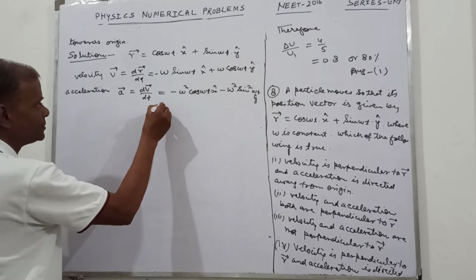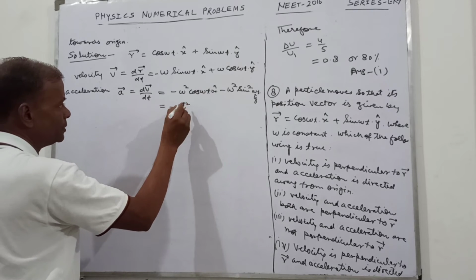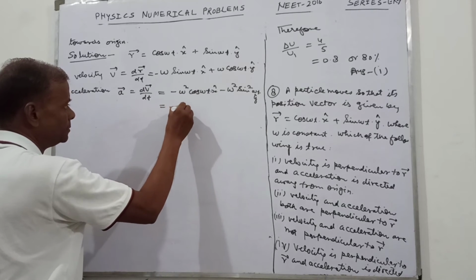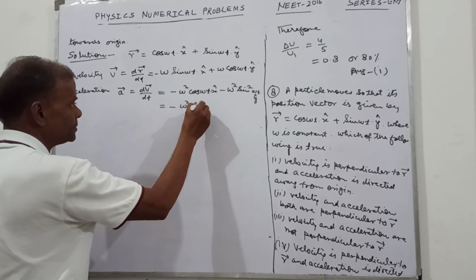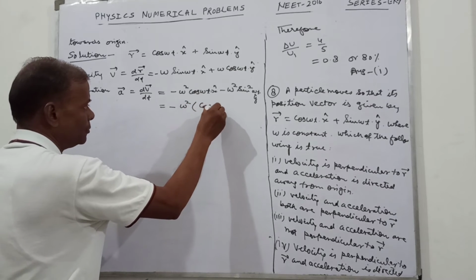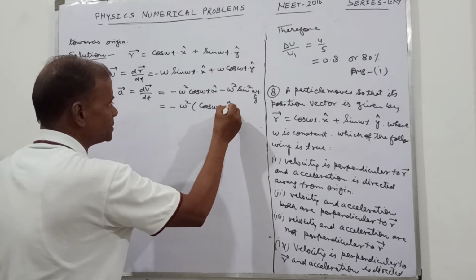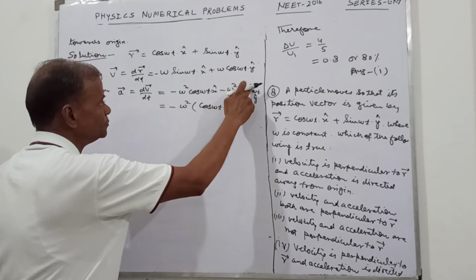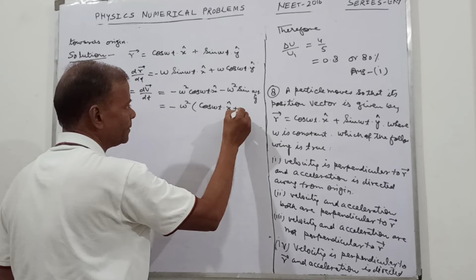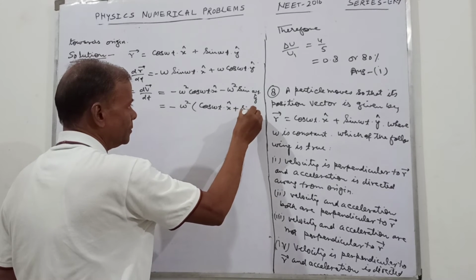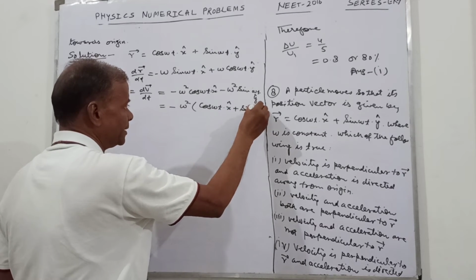So what we have, this you take minus omega square constant, then this is cos omega t into x cap plus sine omega t into y cap.